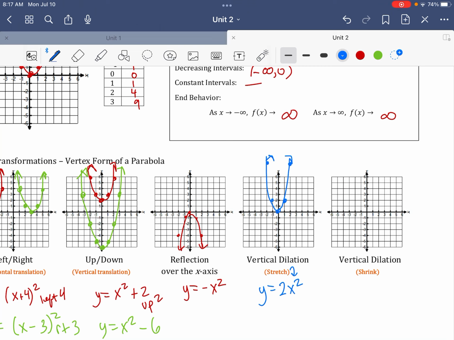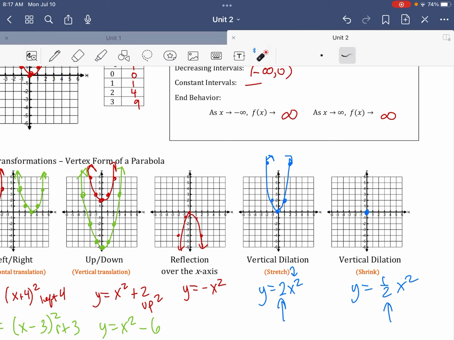Okay. All right, so here you also have a vertical dilation, but a shrink. So that would be when you had something like, let's say, a 1/2, a number less than 1. So to stretch it, this number has to be bigger than 1. To shrink it, it has to be less than 1. All right, and so 0 is still 0 because half of 0 is 0.